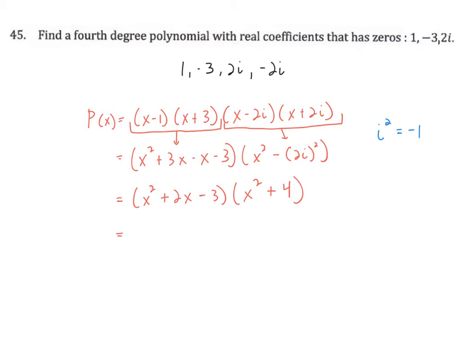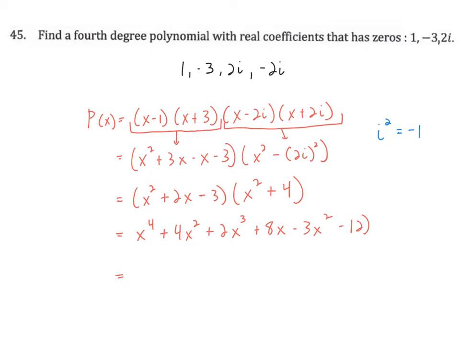Okay, so x squared times x squared, x to the fourth, x squared times 4, 4x squared, 2x times x squared, 2x cubed, 2x times 4, 8x, negative 3 times x squared, negative 3x squared, and negative 3 times 4 is negative 12.